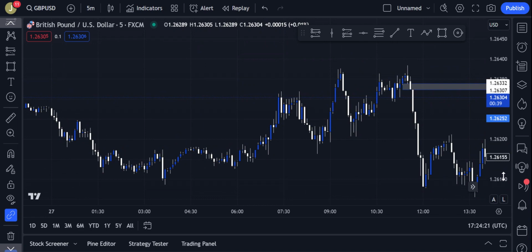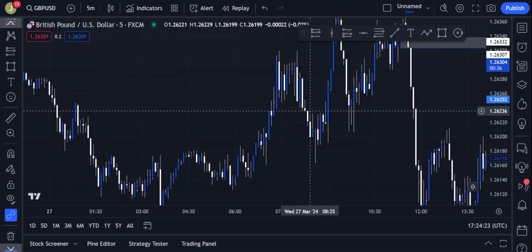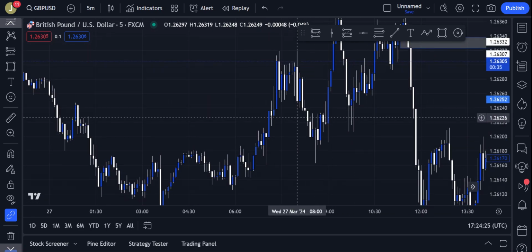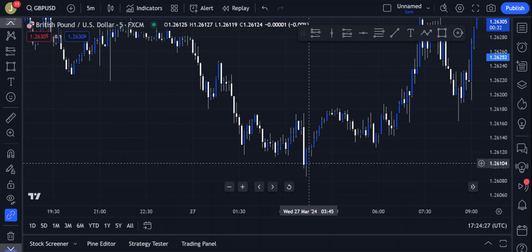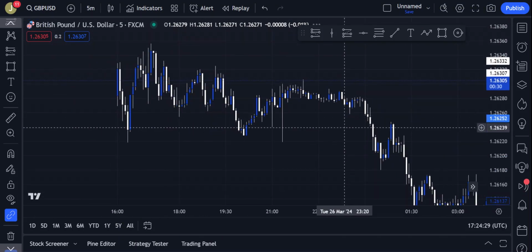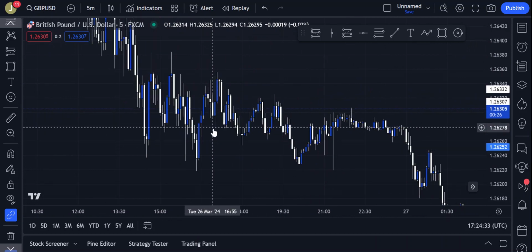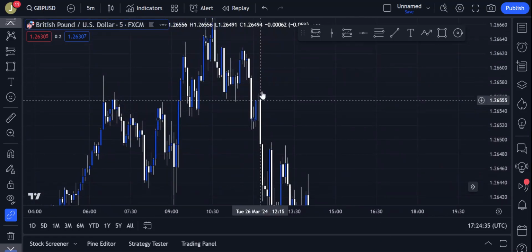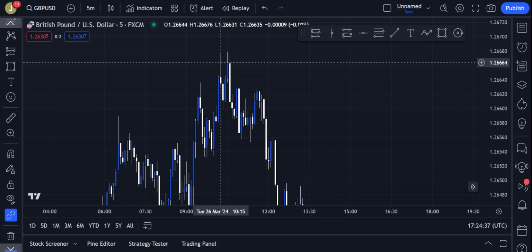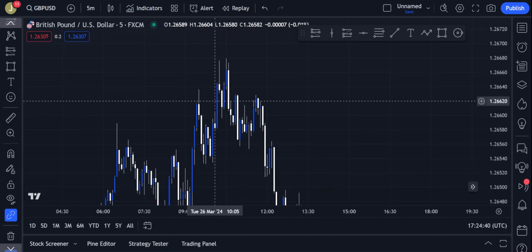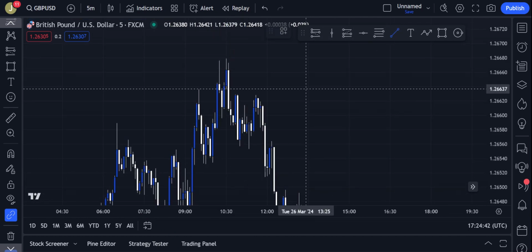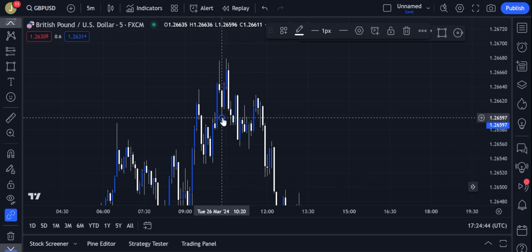So I'll show you fair value gaps. Let's see. So there's no fair value gap here. See, price was moving up and did a market structure shift here, as you can see.